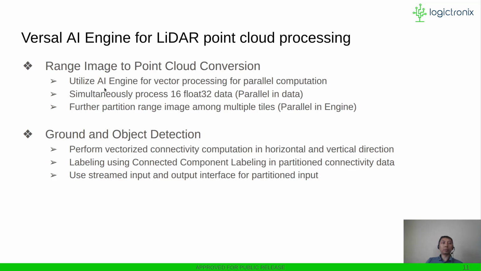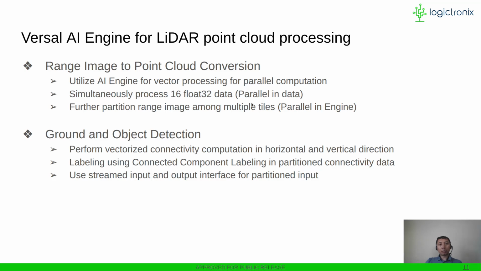How is this possible? Each AI engine can compute using vectored operations, which is basically handling multiple data in parallel by a single processor. So it is called data-level parallel processing.